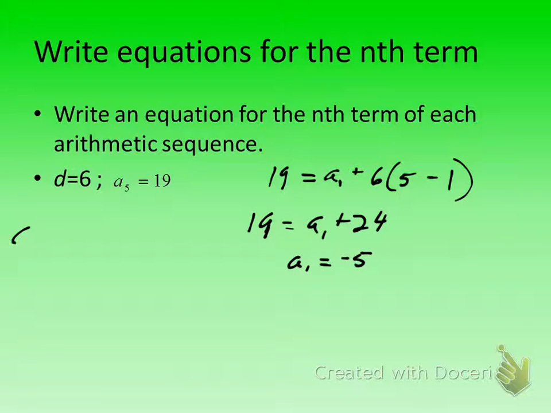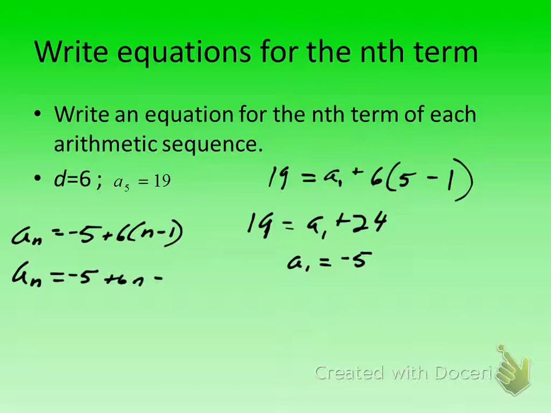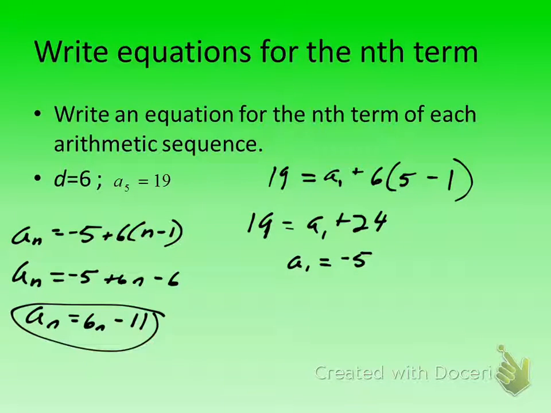So a sub n equals -5 plus 6 times n minus 1. A sub n equals -5 plus 6n minus 6. So your equation will be a sub n equals 6n minus 11.